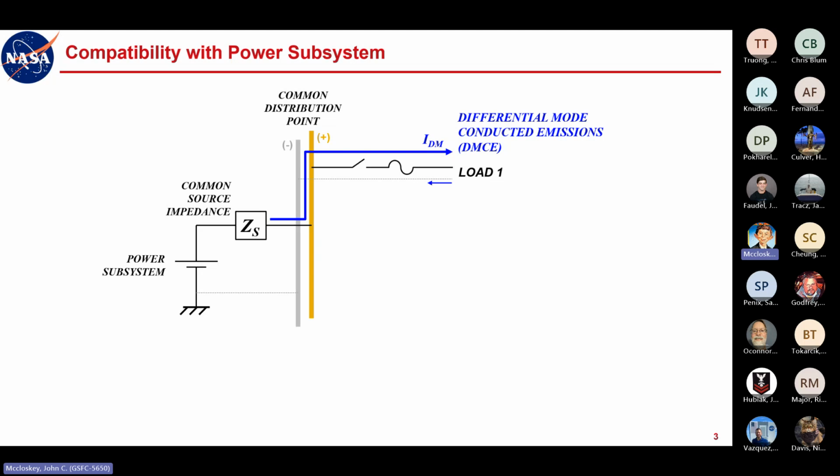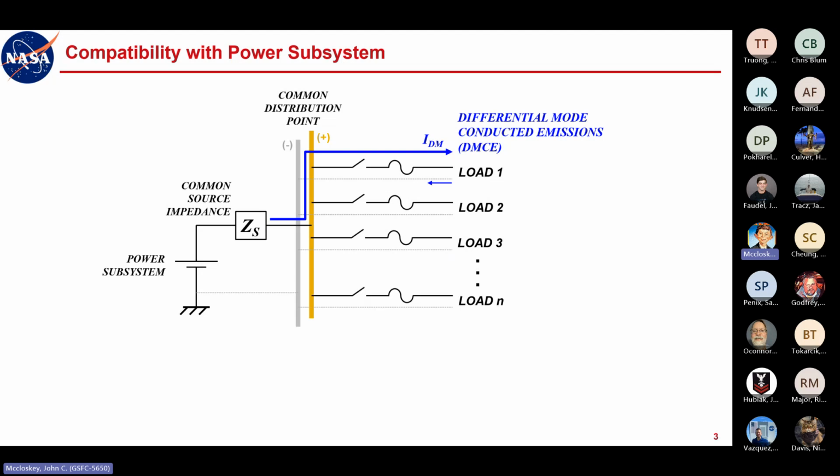That is what forms your differential mode conducted emissions. Then you will have multiple loads tapped off that common distribution point, and all of the loads will see the combined noise potential at the distribution point. So it'll be formed by the aggregate differential mode current multiplied by the common source impedance.